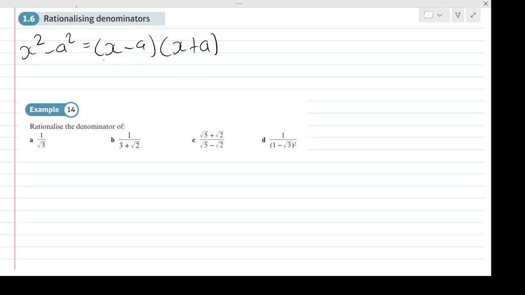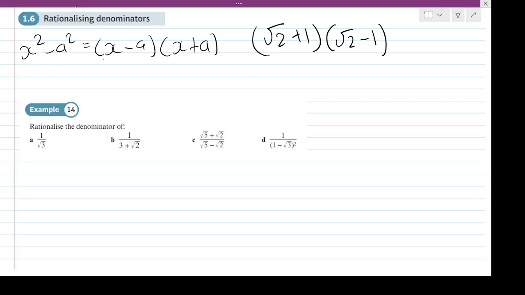And why is that important? Well, we can exploit this because, for example, say if we had root 2 plus 1, right? What we can do is consider the negative version. So root 2 minus 1, right? And then we create a difference of two squares.